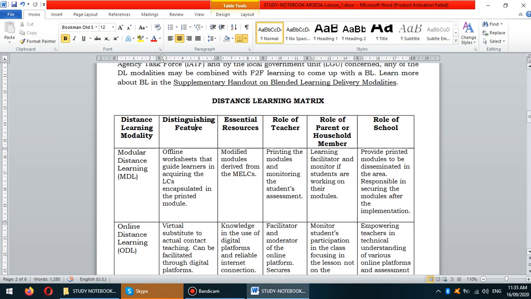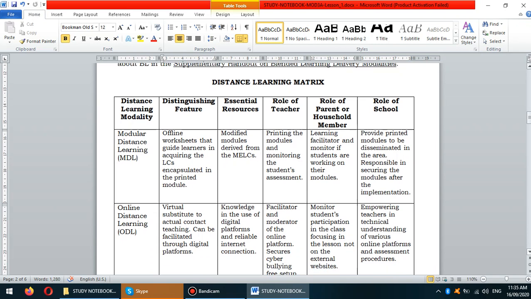Now, this is the matrix that I drafted after reading the documents required in order to write down your responses here. Now, we have the first column, the distance learning modality, distinguishing feature, essential resources, the role of the teacher, role of parent or household member, and the role of the school.